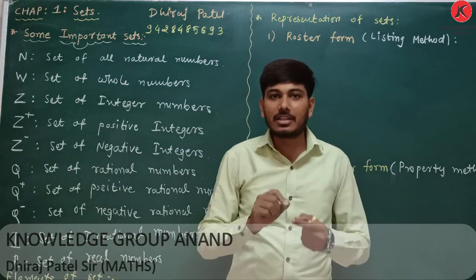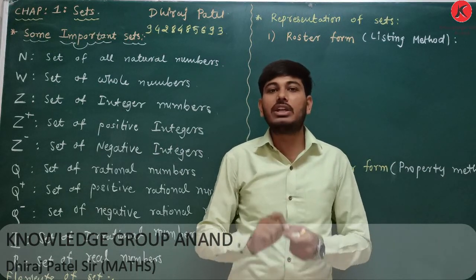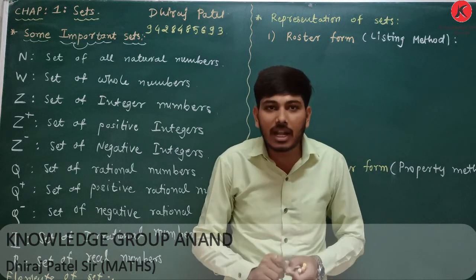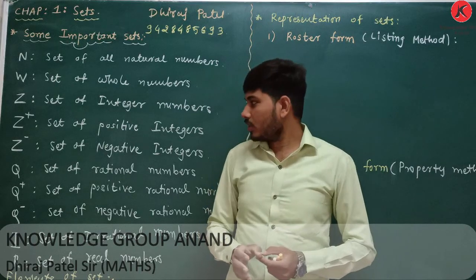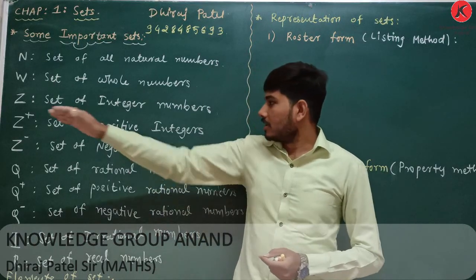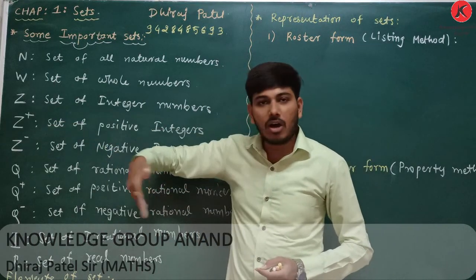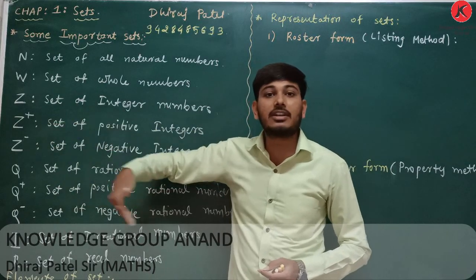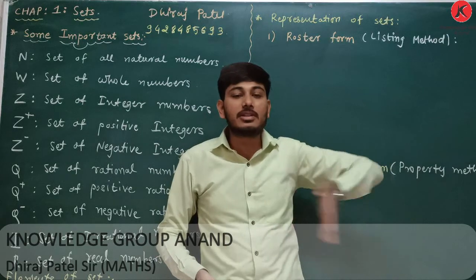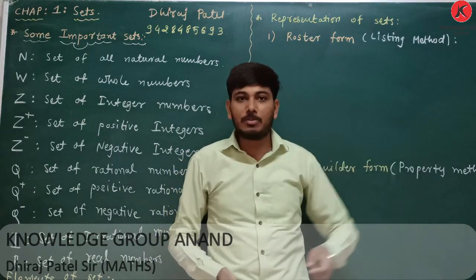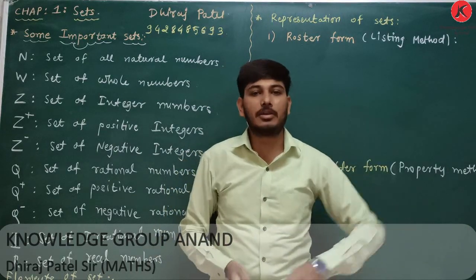We know the representation of integer numbers on the number line. You know that very well. The left hand side of 0 we represent negative numbers, the right hand side of 0 we represent positive numbers, and 0 is a neutral number.